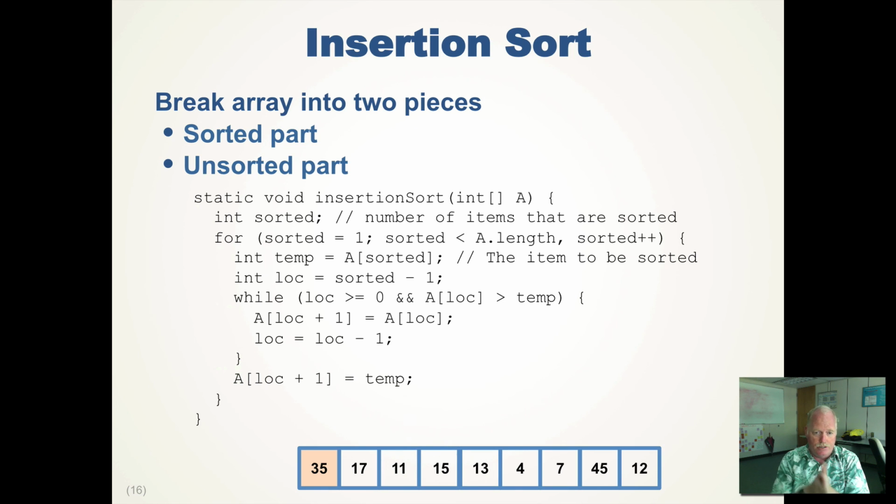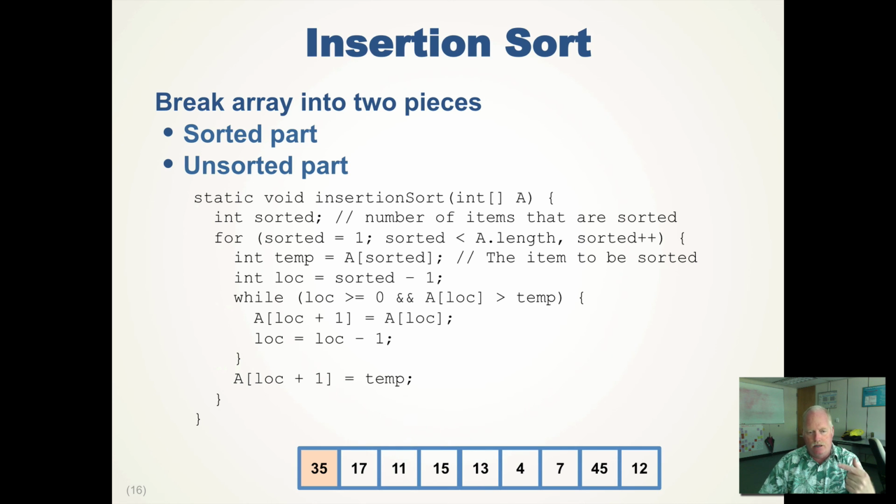We say sorted starts at 1, because position 0 is already sorted. We go from 1 to length minus 1, so we're going to sort the rest of the array. We're going to build up the array as being sorted, and we have a for loop that does it. The temporary value of the thing we're going to insert is the value at sorted, and loc is 1 less than that position.